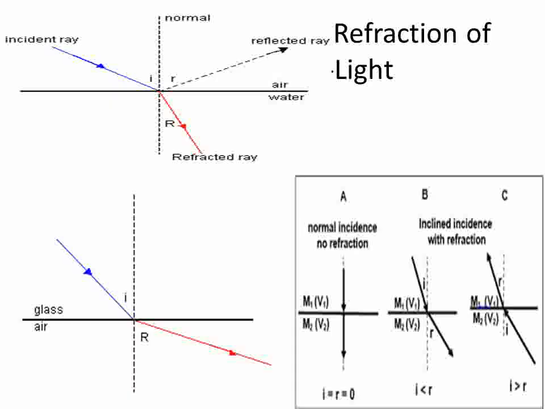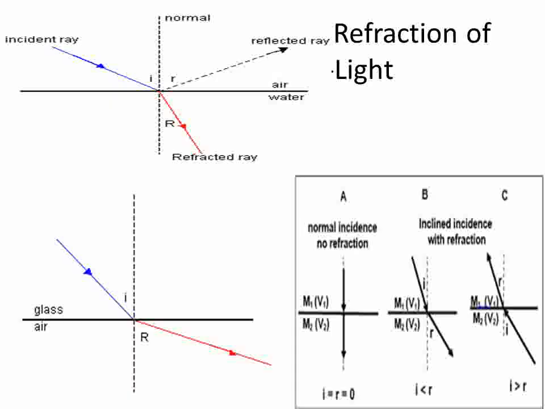In the third column, A, B, C are three diagrams. Diagram A: the incident ray comes in the direction of the normal, falling normally on the separating surface from medium M1 to medium M2.